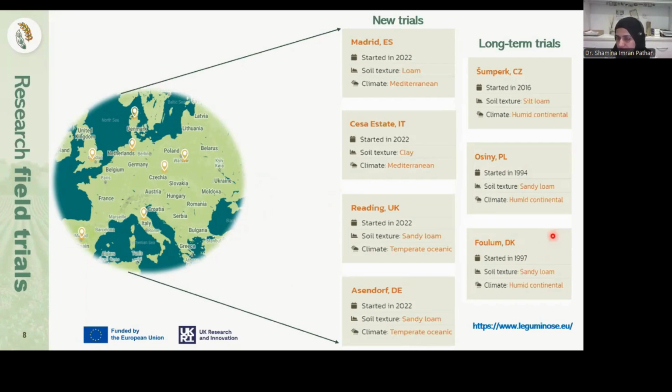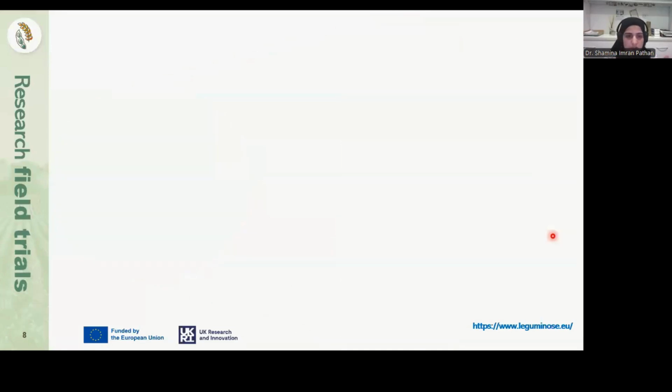So we can understand how intercropping has an impact in the short term and also in the long term. This is the benefit in our project. If you want to learn more about the trials and their experimental design, you can go to our Leguminose website and find more information.